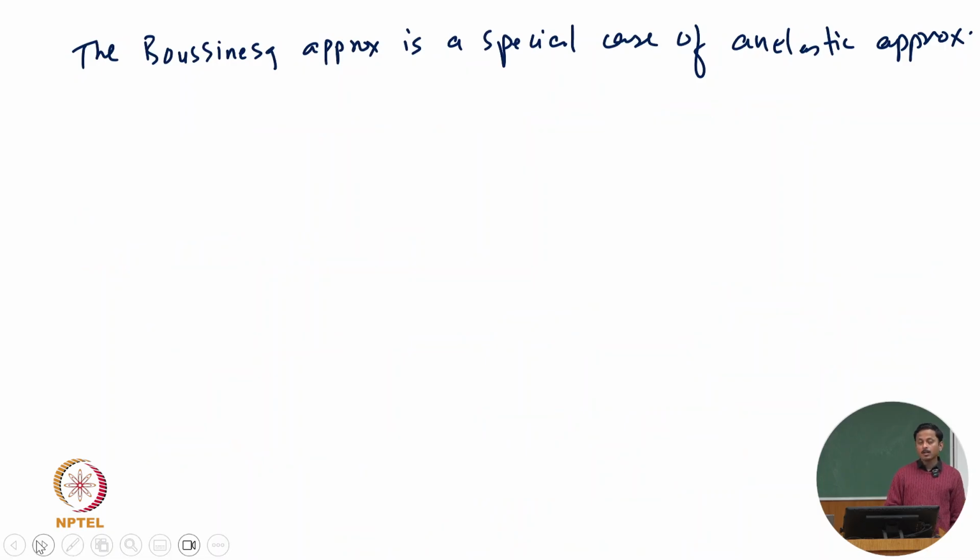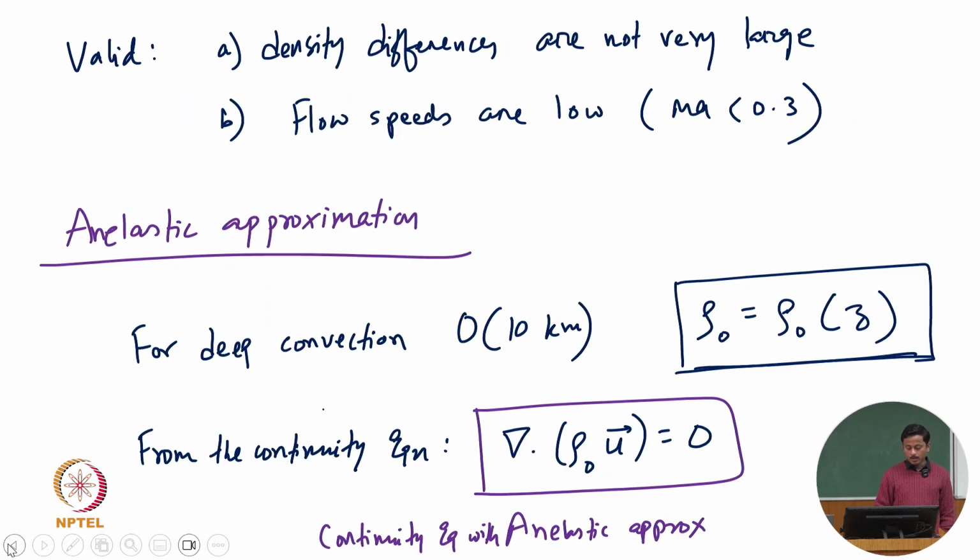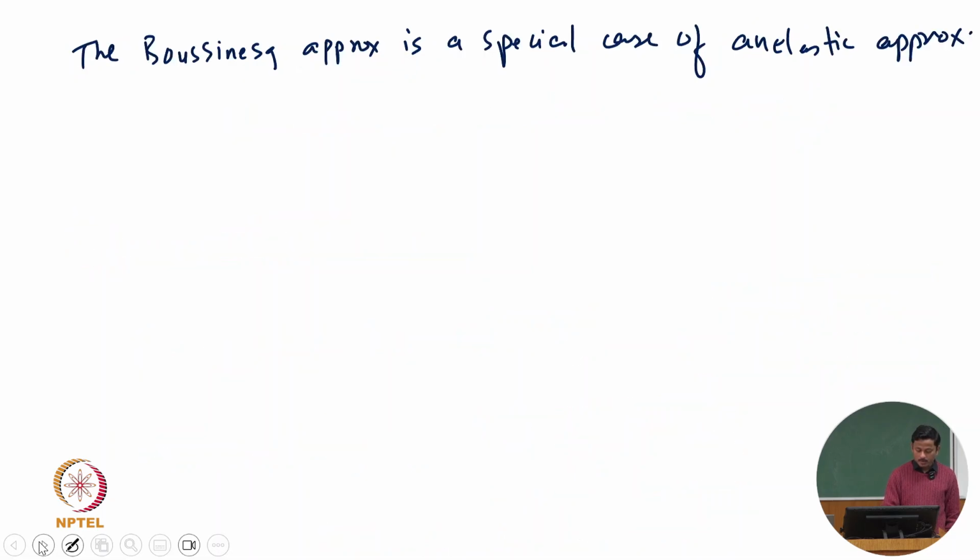If that is the case, we need to take the total continuity equation to be the divergence of rho naught times u equal to 0. The Boussinesq approximation is a special case where we take rho naught equal to constant, and the continuity equation just becomes del dot u equal to 0. Hence Boussinesq is a special case of the anelastic approximation.